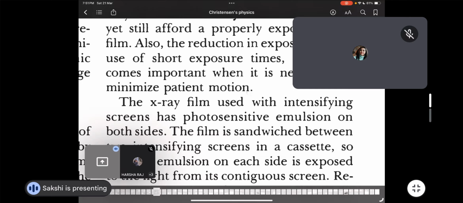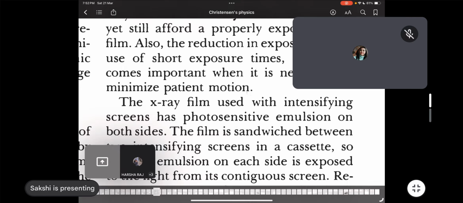What exactly is that shorter exposure time? Think about it. Tell me the answer. Fast.